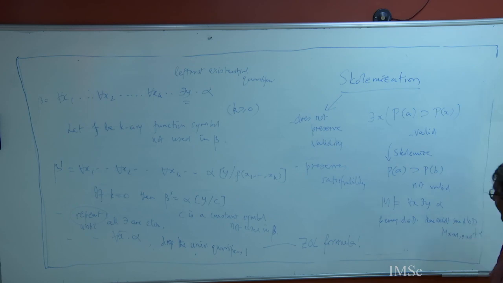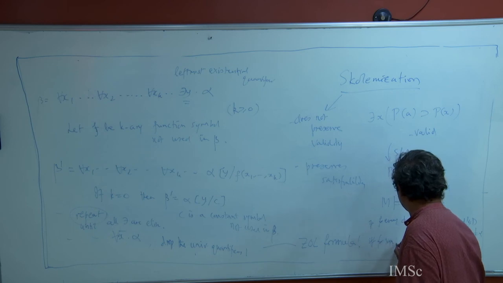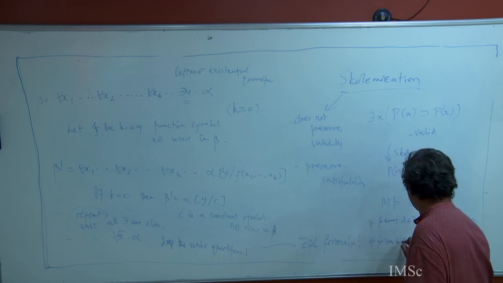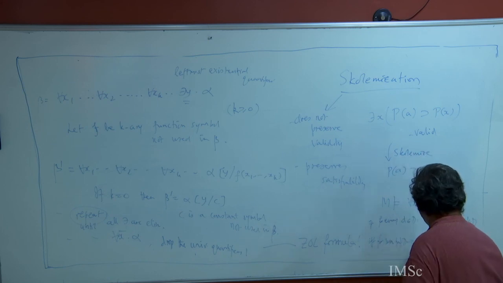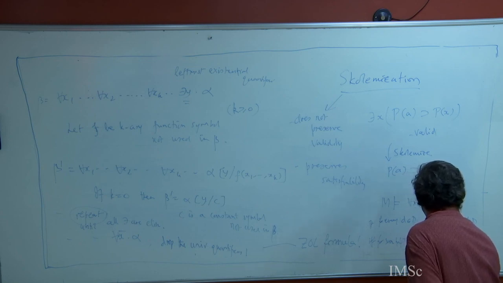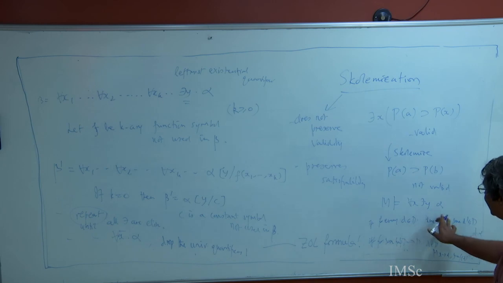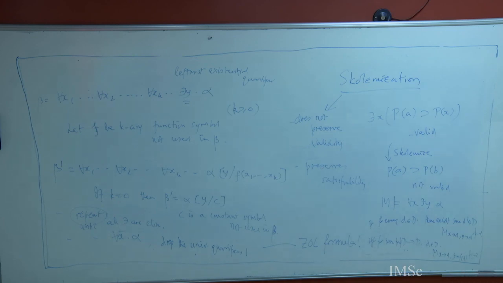And of course, therefore, this holds if and only if for some function f from D to D, for every d belonging to D, M with x assigned d and y assigned f(d) satisfies alpha. So that's why if for all x there exists y alpha is satisfied, then this Skolem form alpha prime is satisfied as well. So this is the idea.